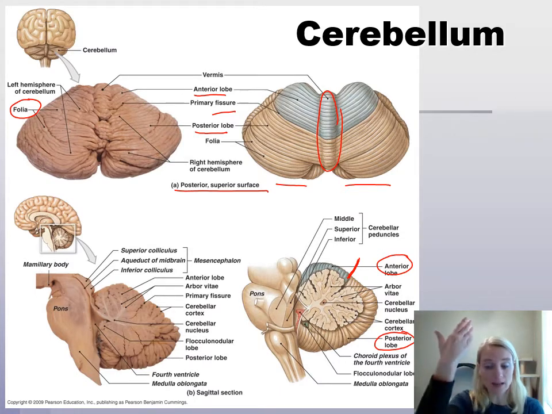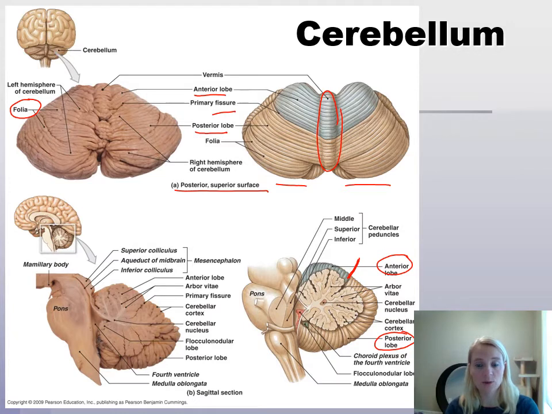And then taking a slice right through that vermis, we can see there is a cerebellar cortex. Now, we haven't really used the term cortex yet. Cortex is an outer layer. So in the cerebellum, and we'll also see it in the cerebrum, there is a cortex. So here's the cerebellar cortex, which is the gray matter.